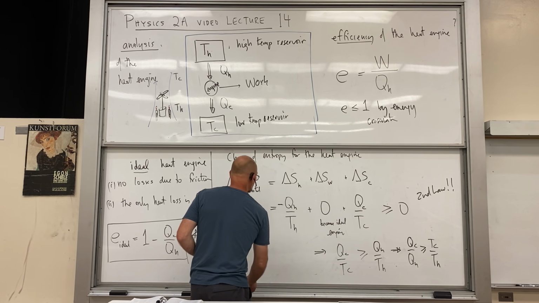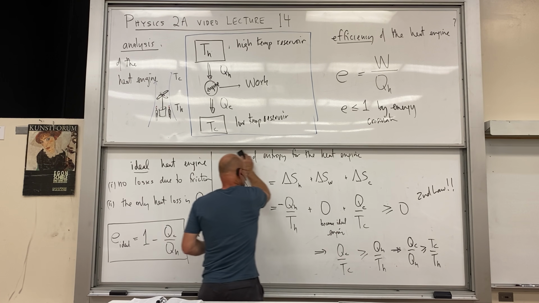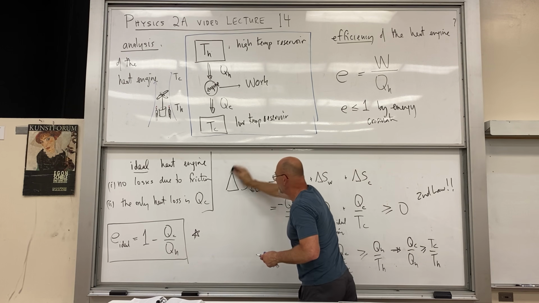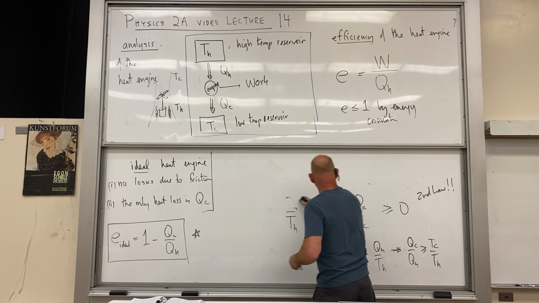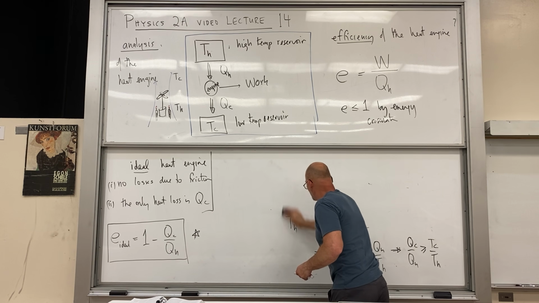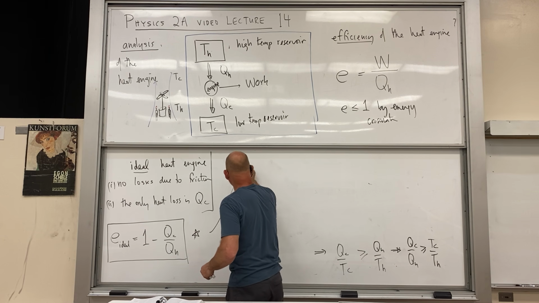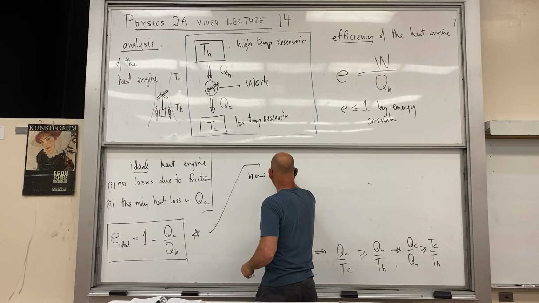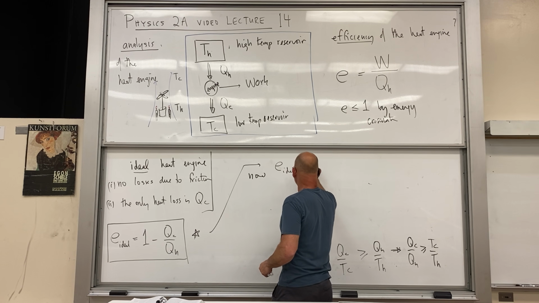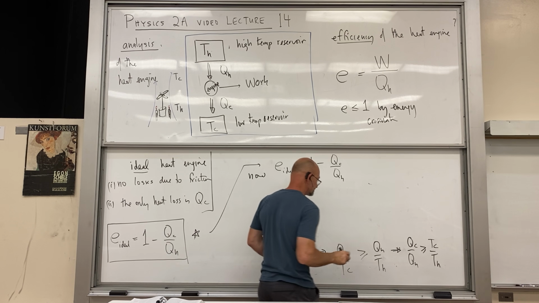Gotta free up a little space here. Now we're going to take this expression star: E ideal, which is equal to 1 minus QC over QH.